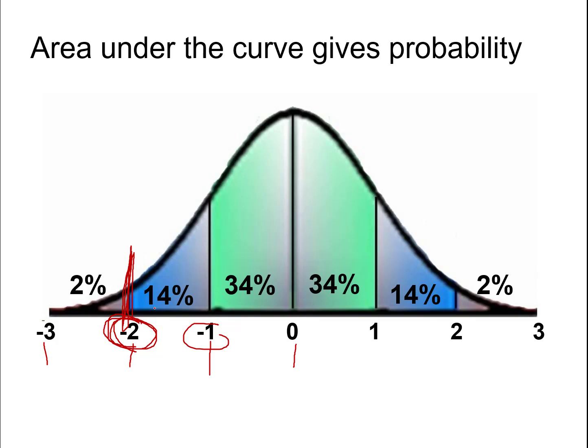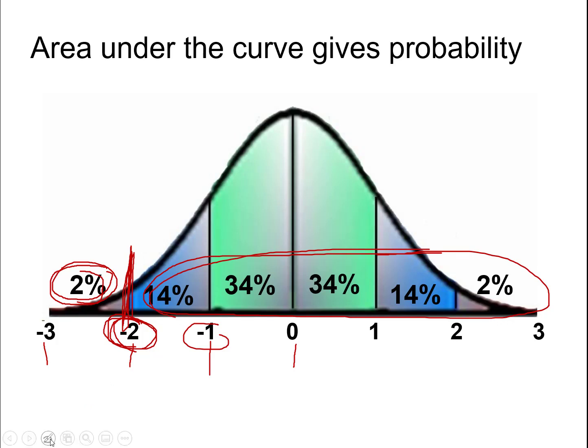Now I've actually rounded this just a little bit, but with rounding, it will always be true that 2% of the cases are below that point, and 98% are above that point. So if you're 2 standard deviations below the mean, and if we have scores that fit a normal distribution, it will always be true that 2% of the cases are below a z-score of -2, and 98% are higher than that point.